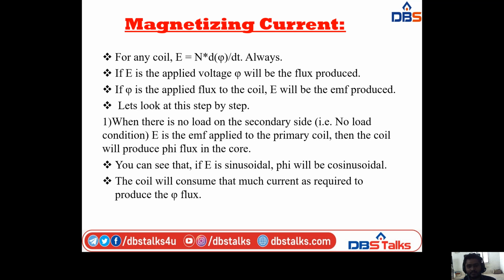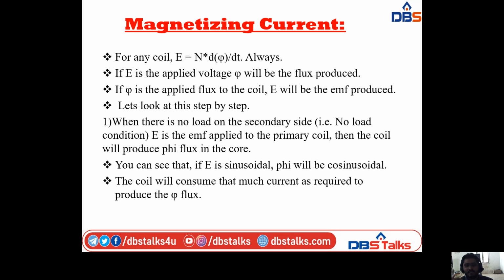So let's look at this step by step. First, when there is no load on the secondary side, that means the secondary side is open condition, E is the EMF applied to the primary coil.